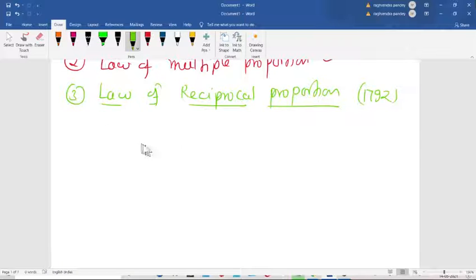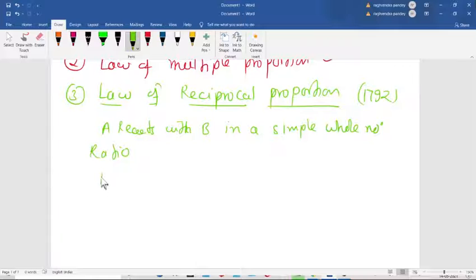So suppose here I write, A reacts with B in a simple whole number ratio.